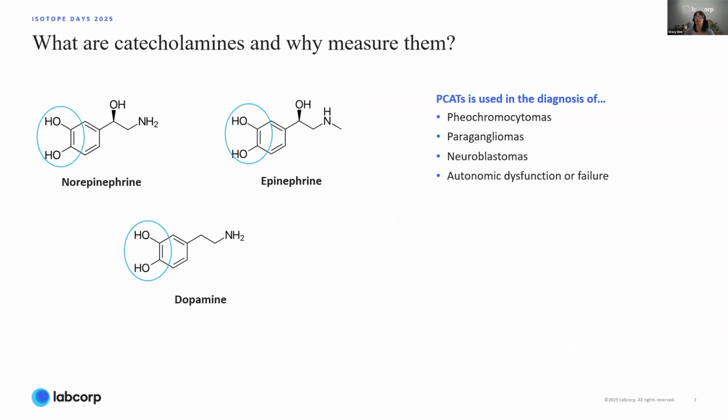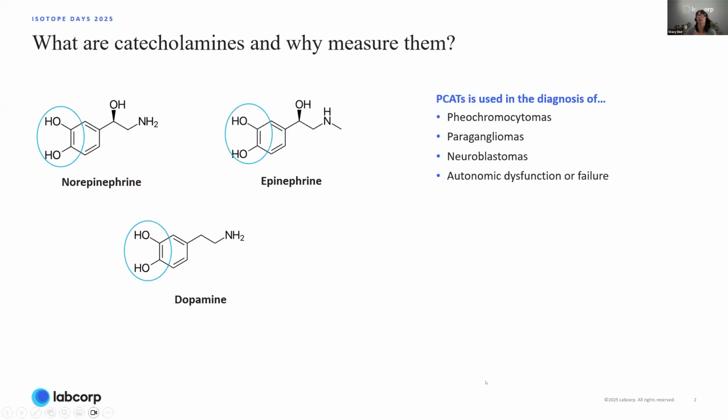This test is often used in conjunction with plasma metanephrines to determine the presence of different tumors and autonomic dysfunctions. When tumors are present, catecholamines are secreted in higher levels. When there are autonomic dysfunctions, they're actually reduced. They don't excrete as much.